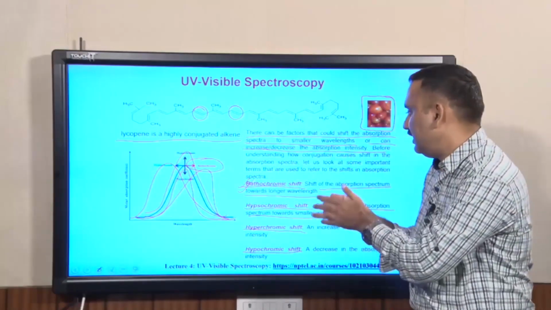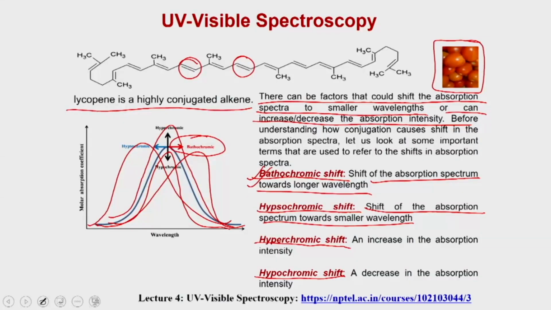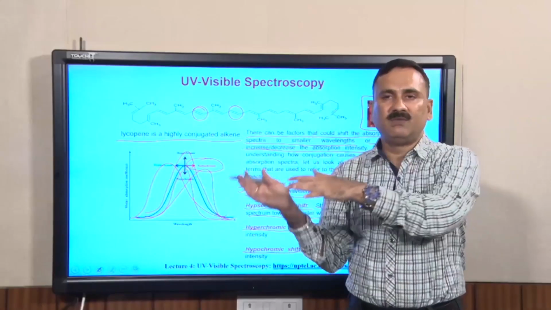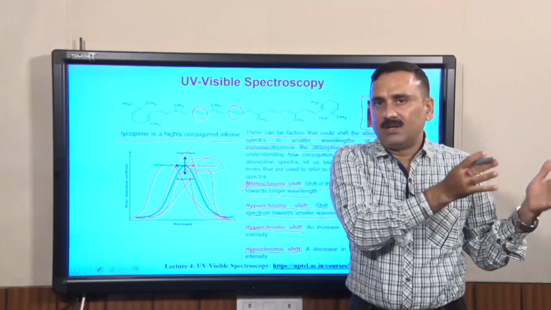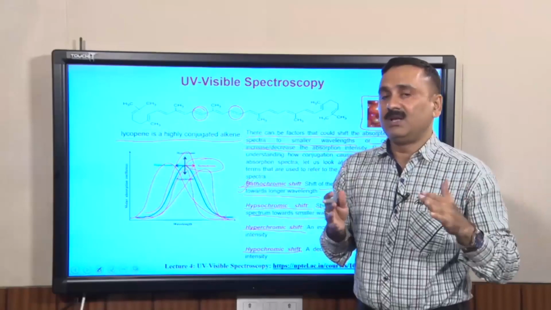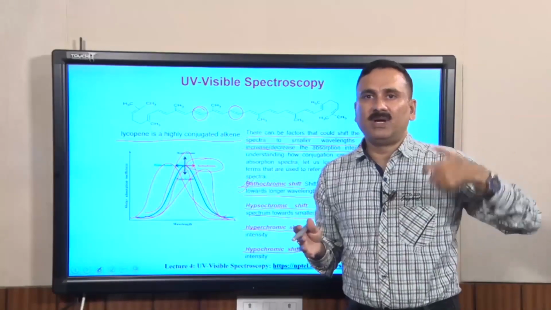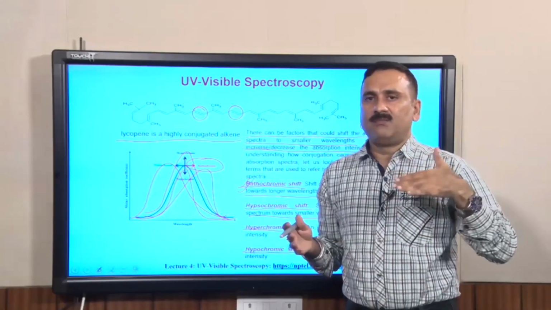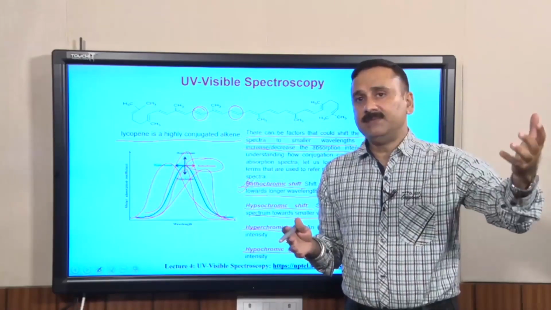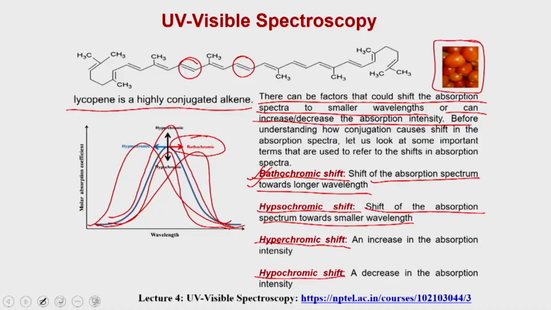The other one is the hypsochromic shift, in which the lambda max will shift towards the shorter wavelength, which means the compound now starts absorbing at a lower wavelength, that is, at a higher energy. Or it can decrease the absorption, so you can have the hyperchromic as well as the hypochromic effects.